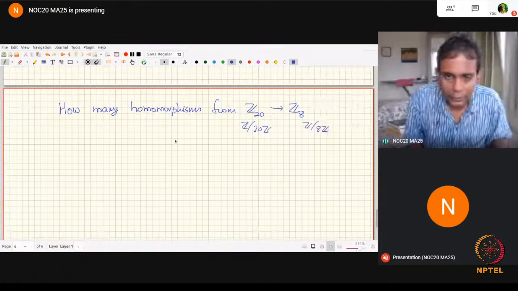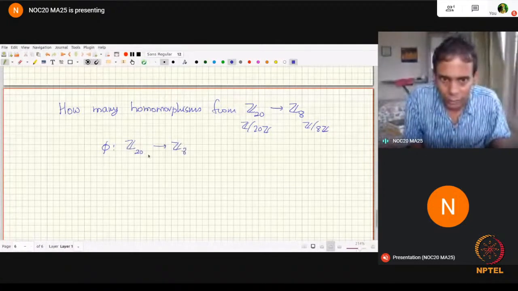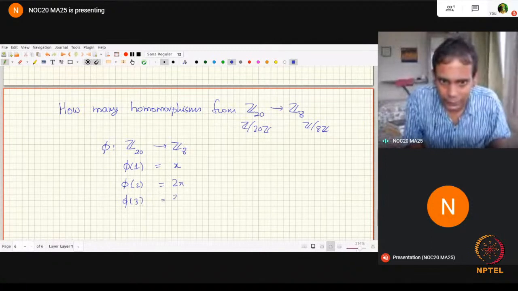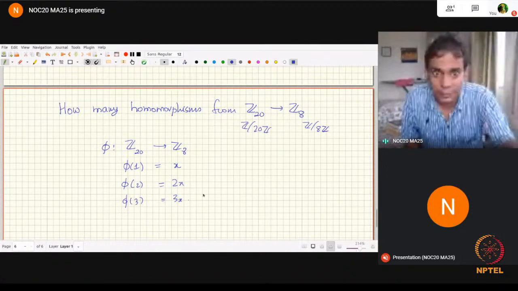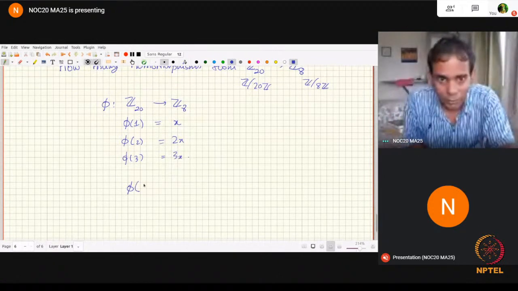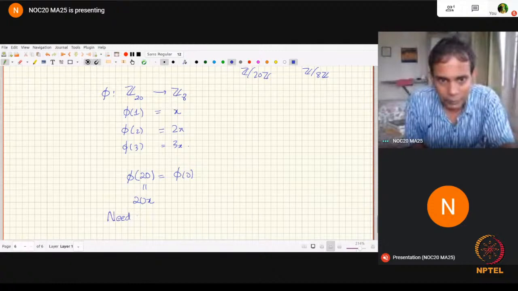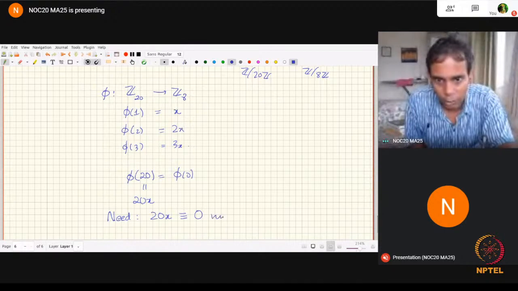So if you have a homomorphism phi from Z20 to Z8, then if you know where phi of 1 goes, say x, then phi of 2 will go to 2x, phi of 3 will go to 3x, and so on. And there's one constraint: in Z20, phi of 20 is phi of 0, but this will go to 20x. So what you need is that 20 times x is congruent to 0 mod 8.